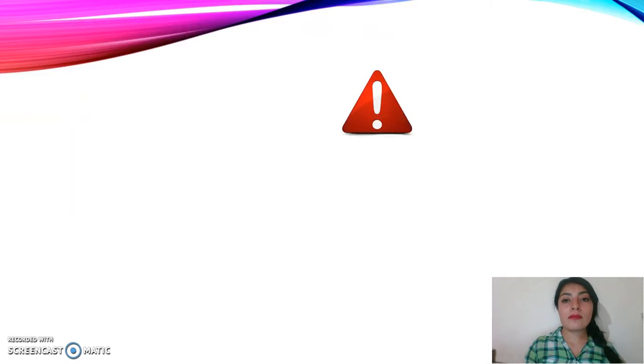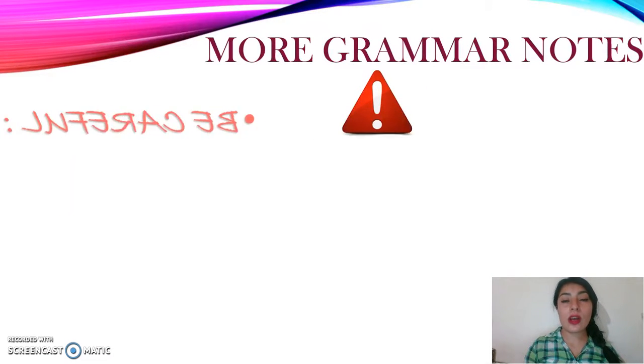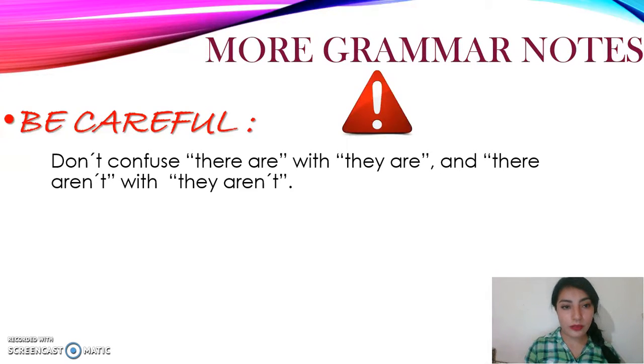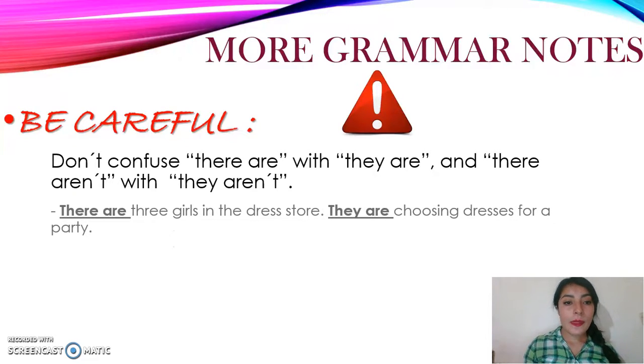We have here more grammar notes that you have to remember, and you have to be careful. Don't confuse there are with they are, and there aren't with they aren't. For example, there are 3 girls in the dress store. They are choosing dresses for a party.